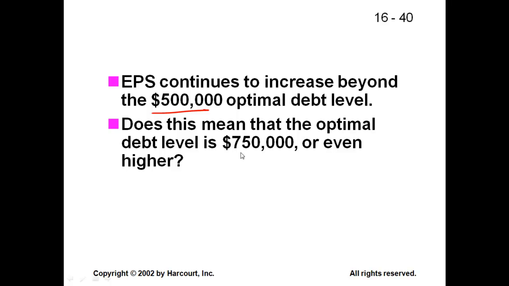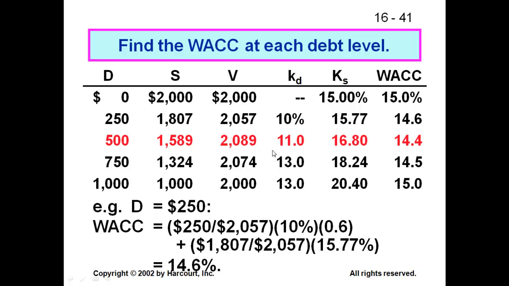Does this mean that the optimal debt level is this? No, because maybe EPS goes up even more beyond this debt level, but that is not the optimal debt level. The optimal debt level is where the value of the company or the share price is maximized. You can go home and do the calculation. You can take on more debt and see what happens to the EPS.